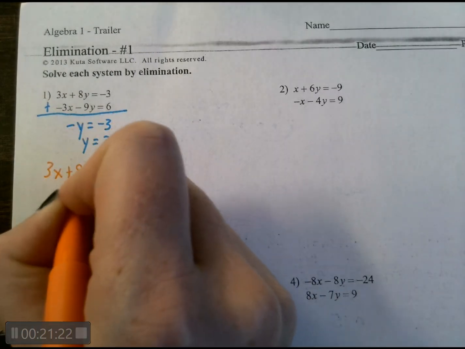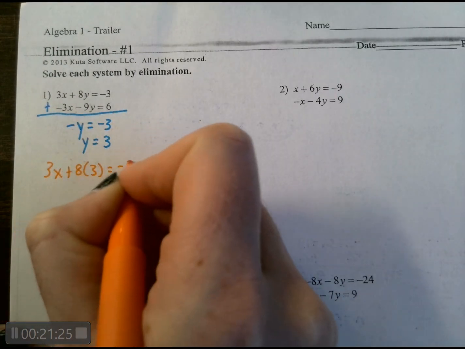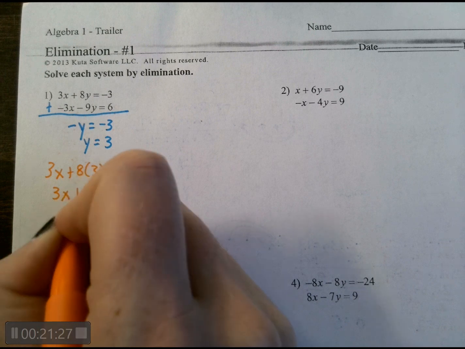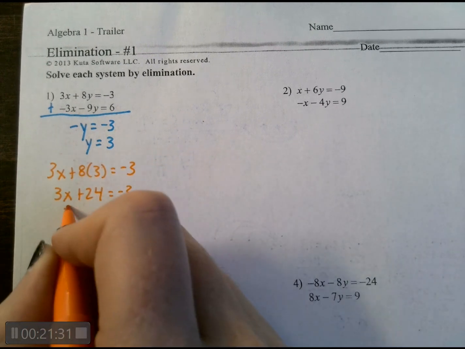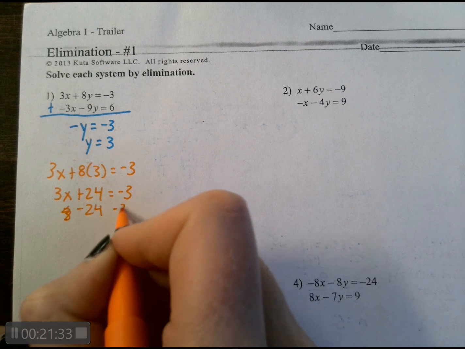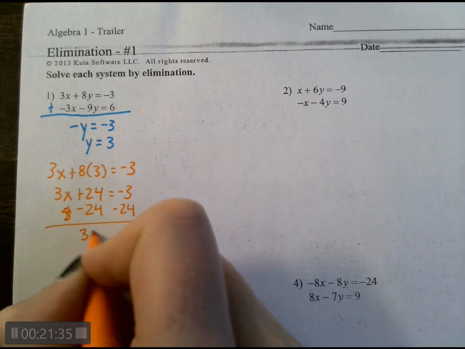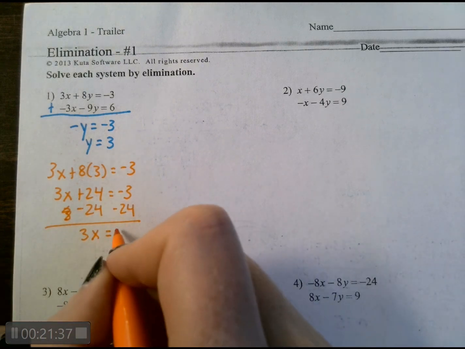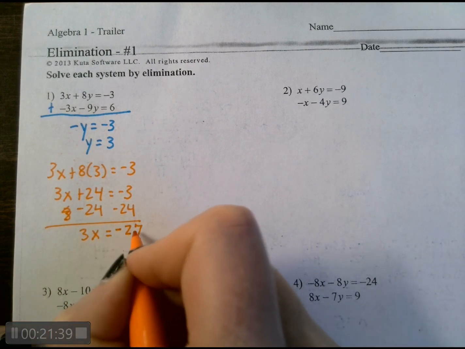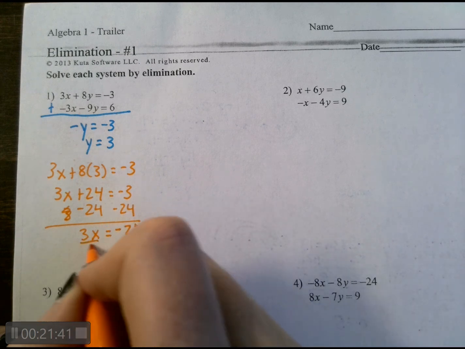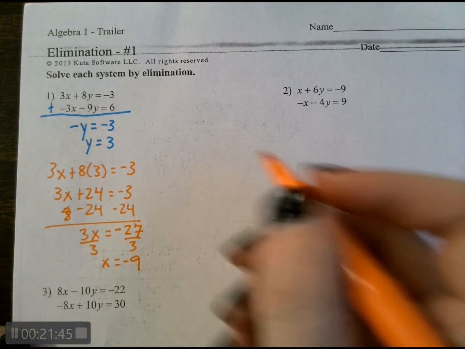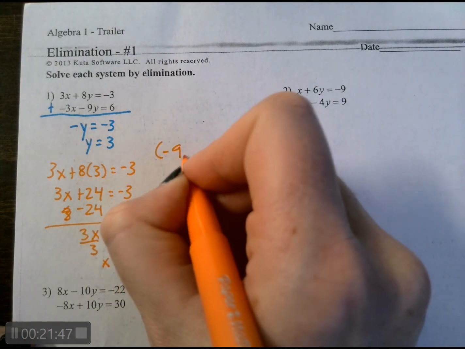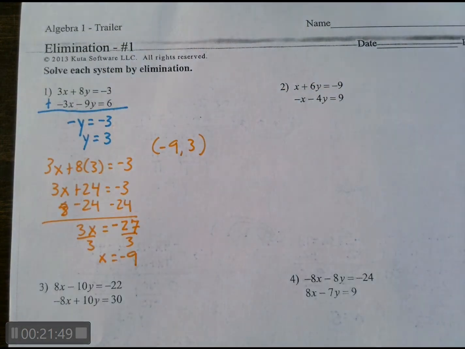So 3x plus 8 times 3 equals -3. 3x plus 24 equals -3. Whoops. Have to subtract 24 from both sides to get 3x equals -27. Divide both sides by 3, so x equals -9. So then our coordinate point is -9, 3.